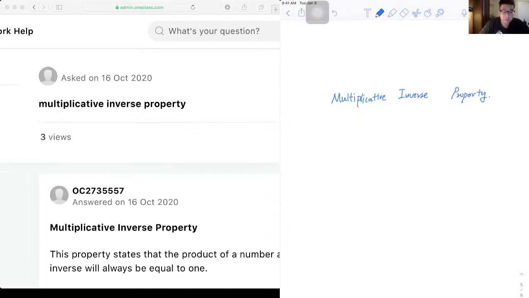Okay, so this property states that the product of a number and its multiplicative inverse will always equal to 1. So let's write that down.